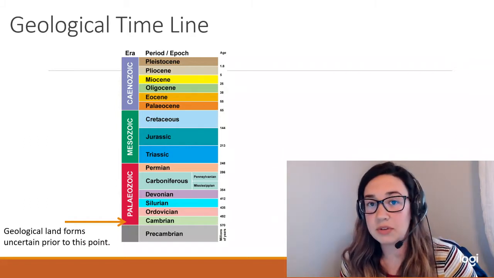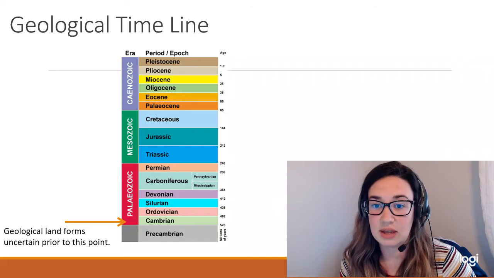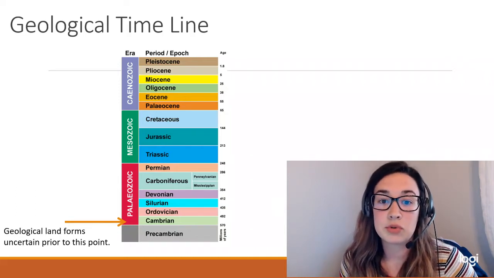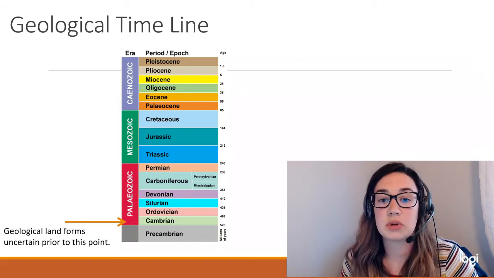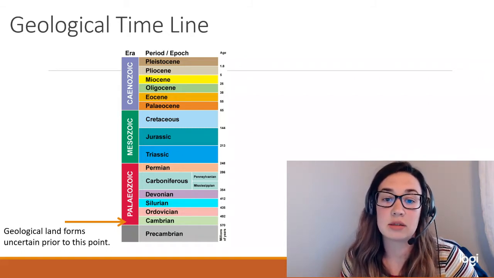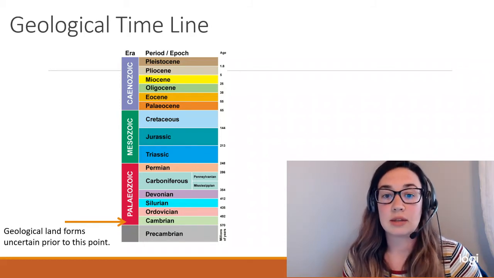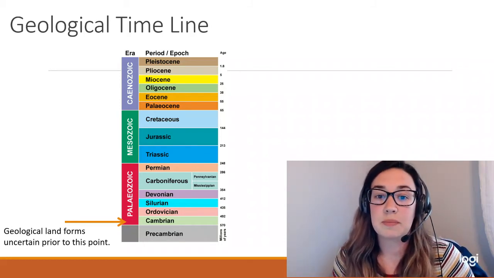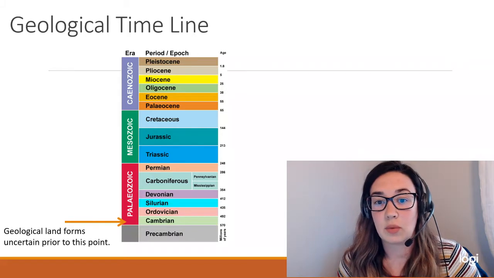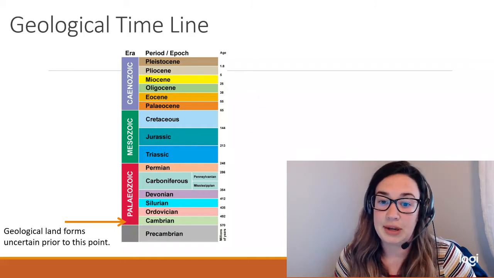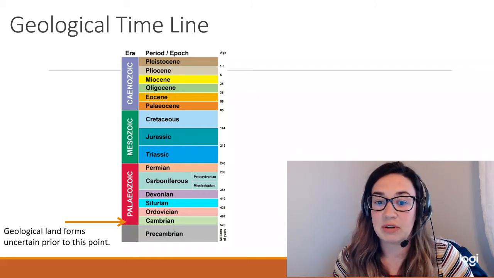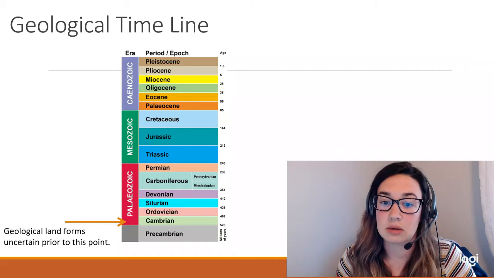Several different periods have occurred in each of these eras. Our most recent era is towards the top, and our most ancient era is towards the bottom. You can see the Pleistocene period was approximately 1.8 million years ago. The Cambrian period was approximately 570 million years ago.